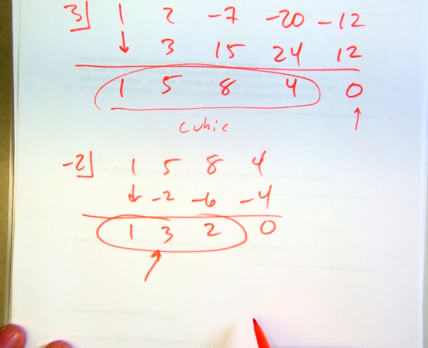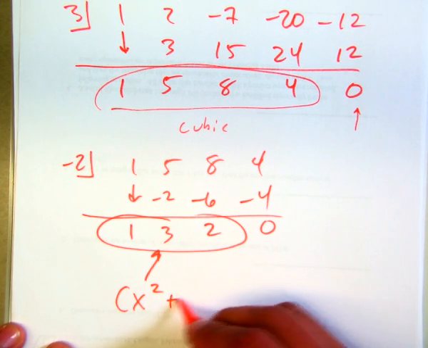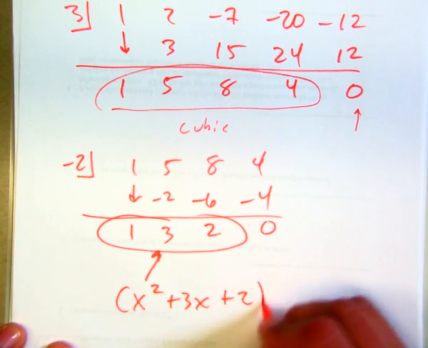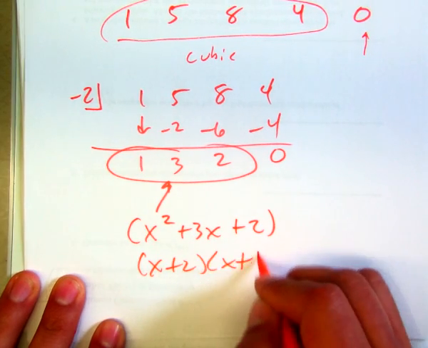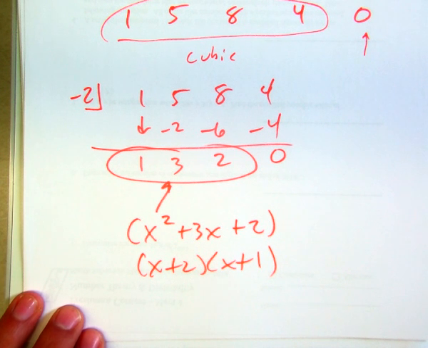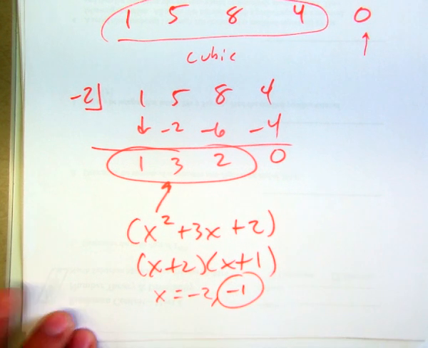It's a quadratic. Those are the ones you know how to deal with, right? So if you factor this, x squared plus 3x plus 2, sorry guys, thanks for sticking around for this extra minute. You factor this into x plus 2, x plus 1, now you know what your other answers are. What do we get? Negative 2, which is just a repeated root, but then negative 1 is the one we didn't know about.